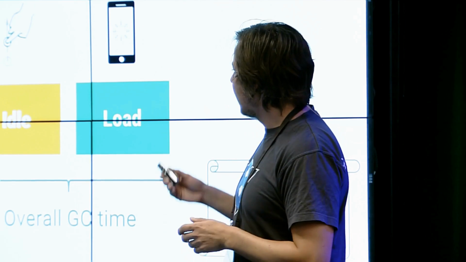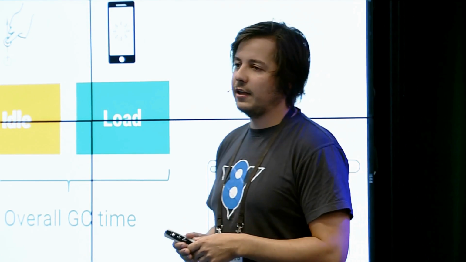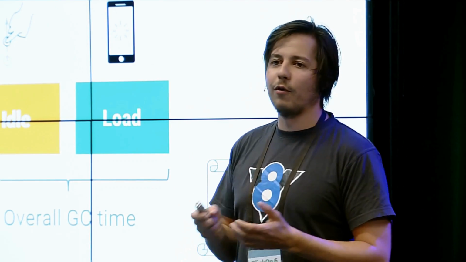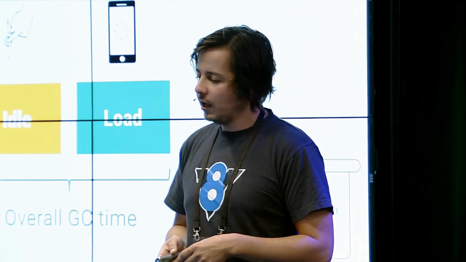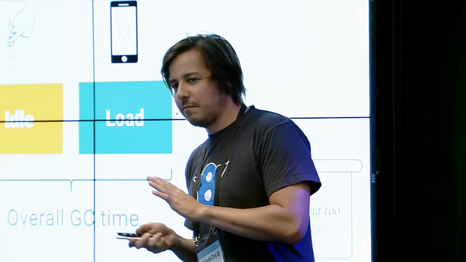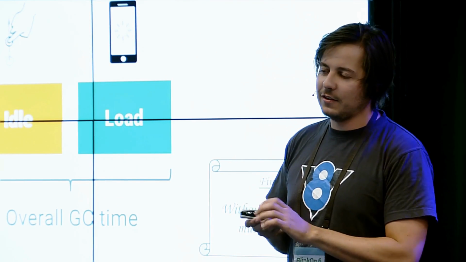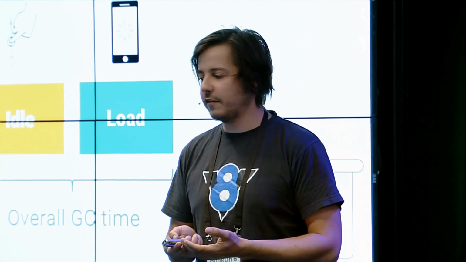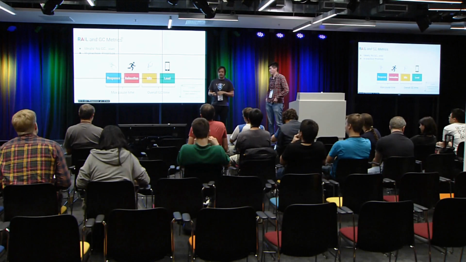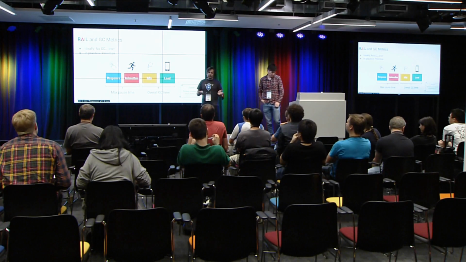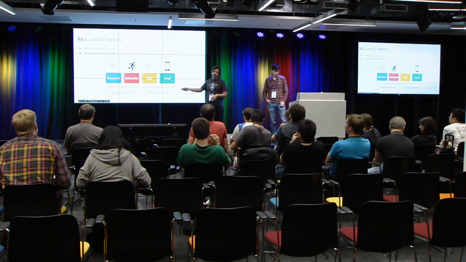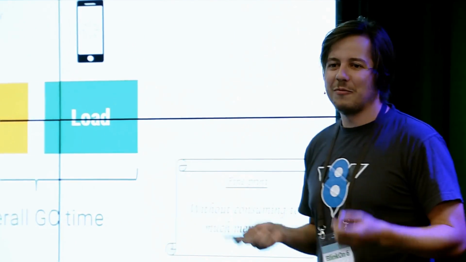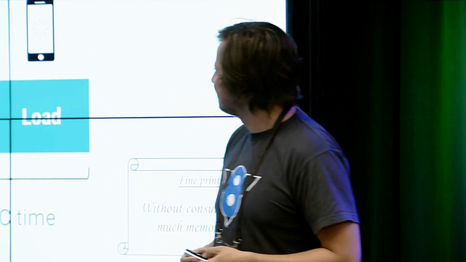And for idle and load, we try to optimize throughput and have the minimum overall GC time, if possible. For idle, there is one other fact that plays in there: we should still be responsive. So there are other factors that play into this. But in general, you can say we optimize for maximum pause time and overall GC time in those phases. The fine print here is obviously not consuming too much memory.